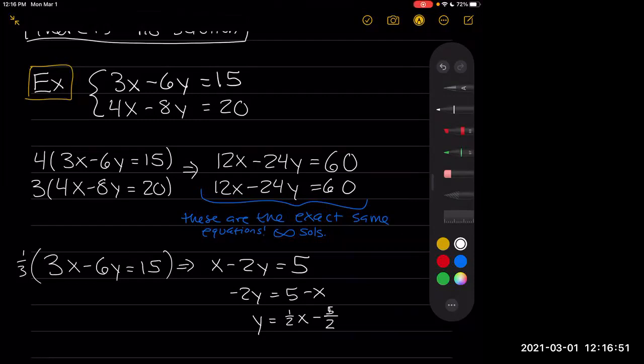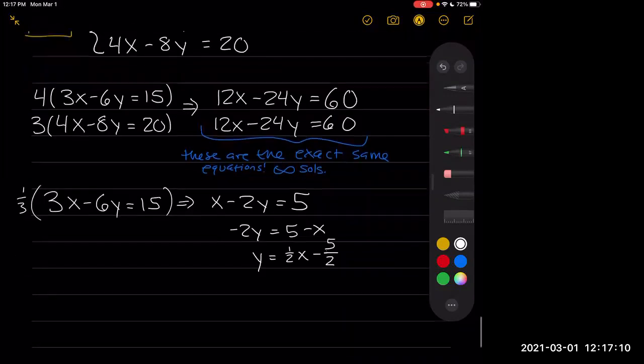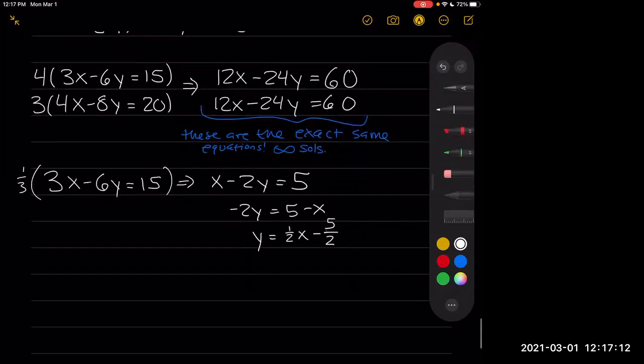There we go. Sorry, that got a little messy here with the 5. So this is our line, but we don't want to leave it with x and y because those are the variables that we used in our system. We want to choose a new variable, and the normal one to pick for something like this is t.